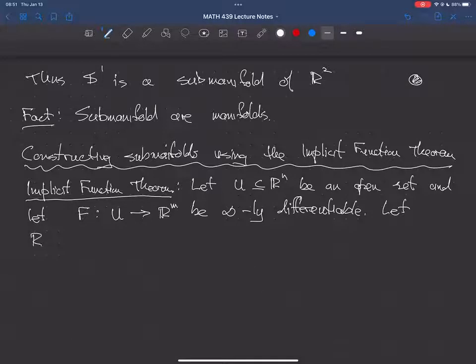So let A be in Rk, maybe I shouldn't call it R because it looks too much like Rn.